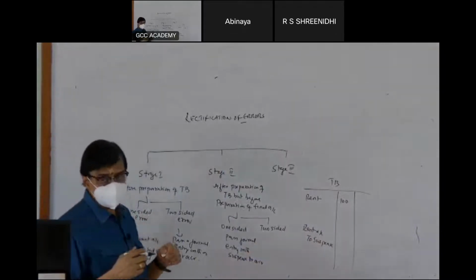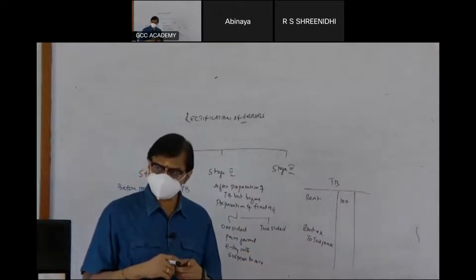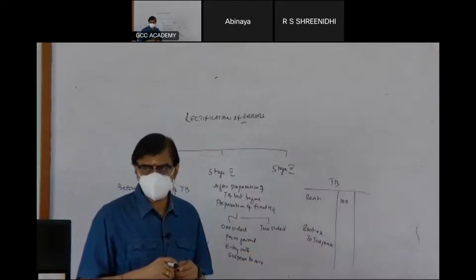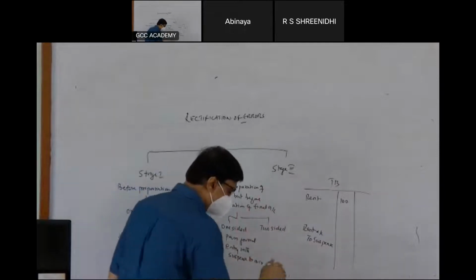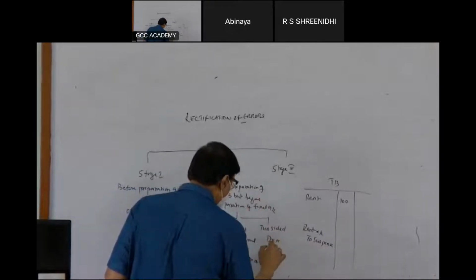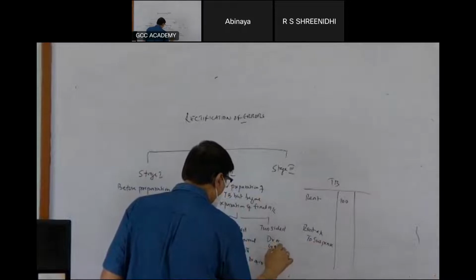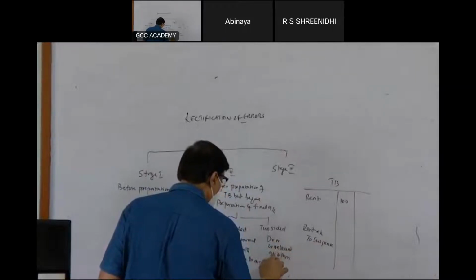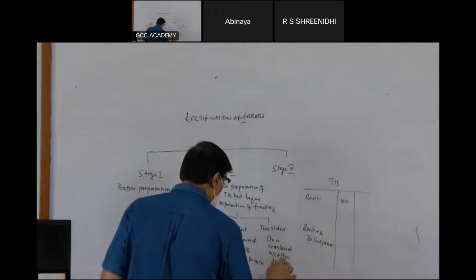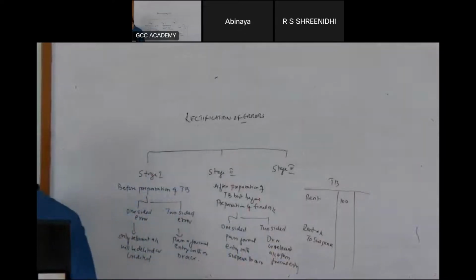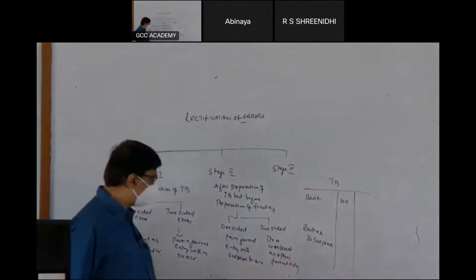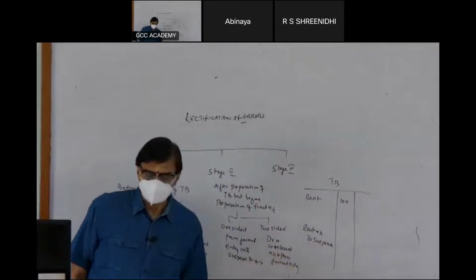If it's a two-sided error, will there be a need for a suspense account? No. So you have to debit or credit the relevant accounts. So make a note: debit or credit the relevant accounts and pass the journal entry.